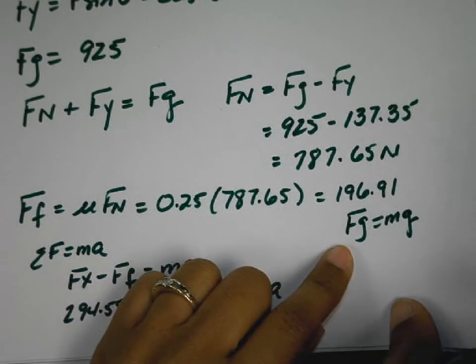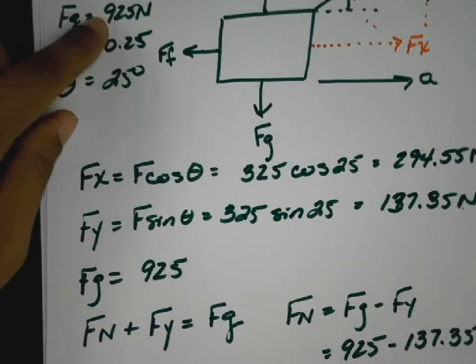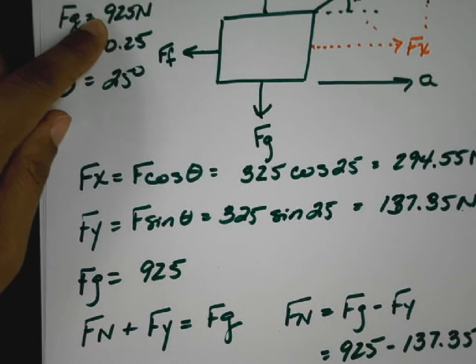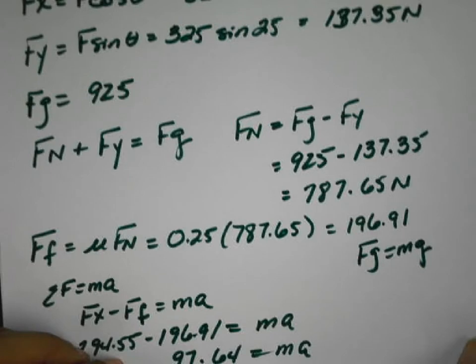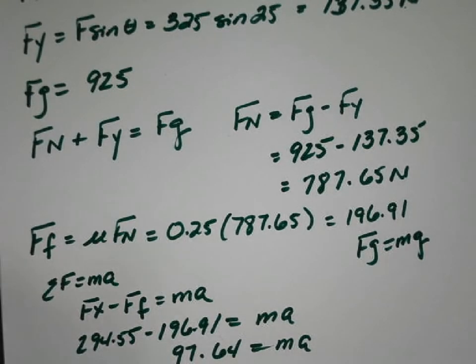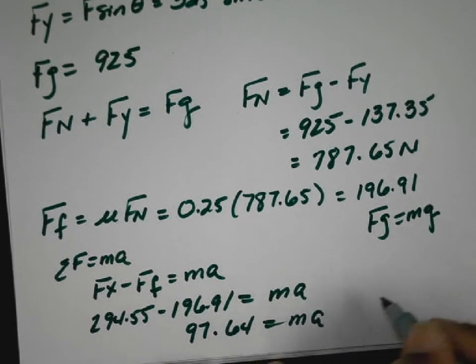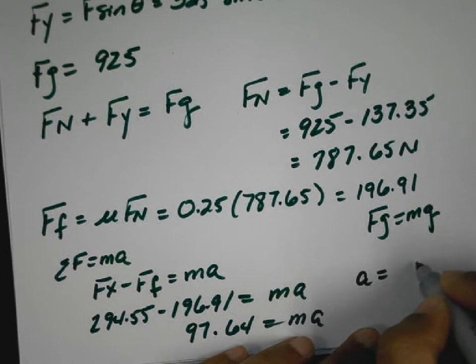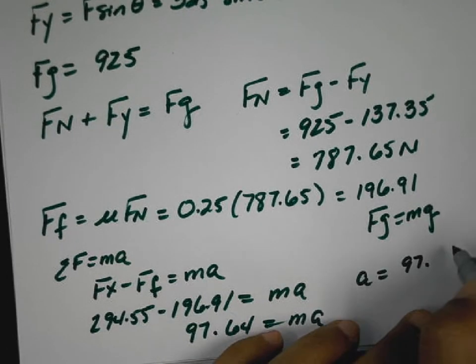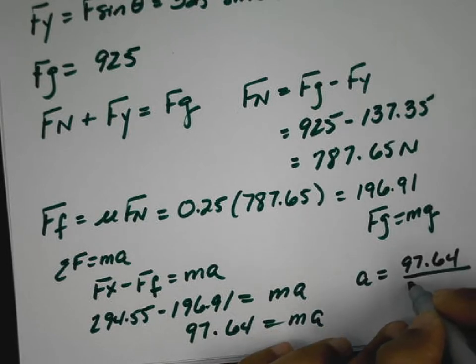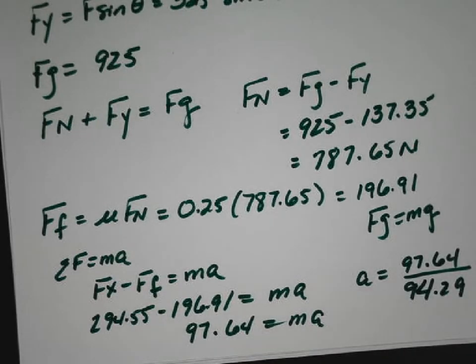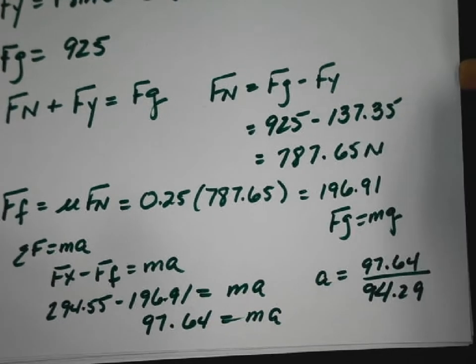Well, we know F of G, it's 925. So if you divide that by gravity, you get the mass. 925 divided by 9.81, I get 94.29. So A is equal to 97.64 divided by 94.29. You guys can plug the rest in the calculator and get the answer. It's like 1.3 something.